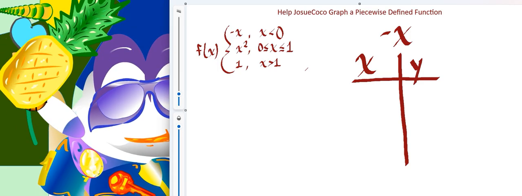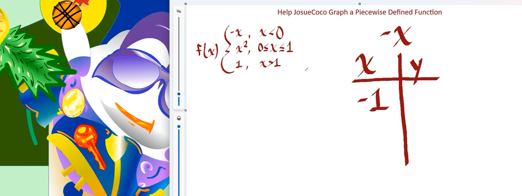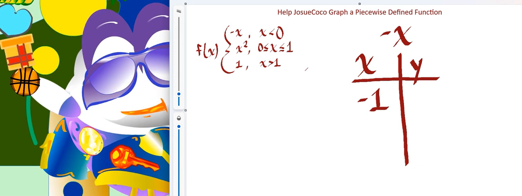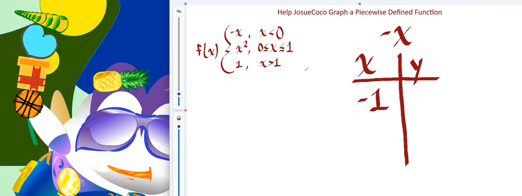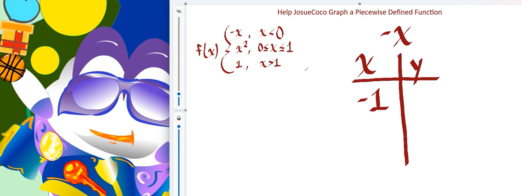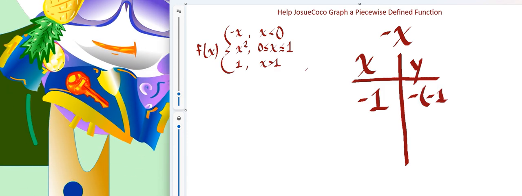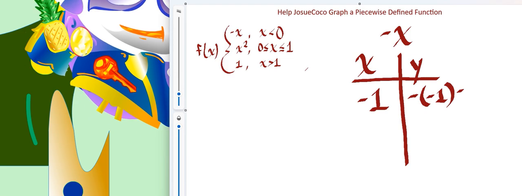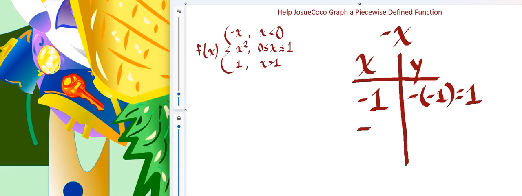We'll begin with negative x. When x equals negative 1, this signifies that y equals negative, open parenthesis, negative 1, which grants us a positive 1.